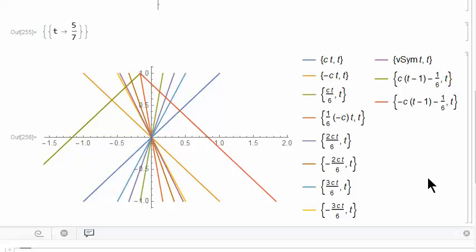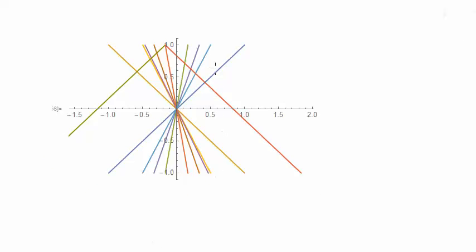Yeah, I like that diagram better because we're not getting out of the domain. Everything's in the same domain of t. Okay, now that I have that, I know that point is apparently along the line t equals 5/7 right here.